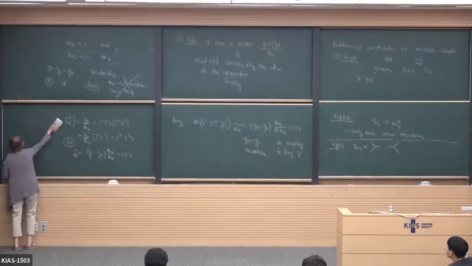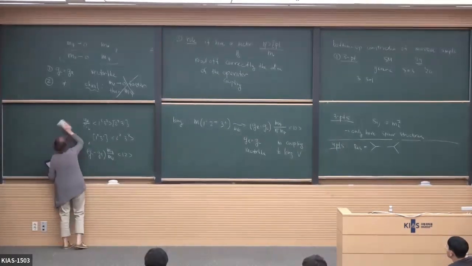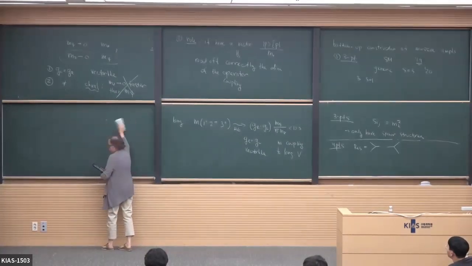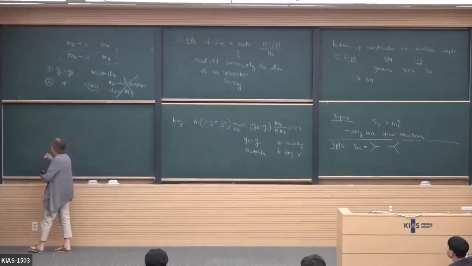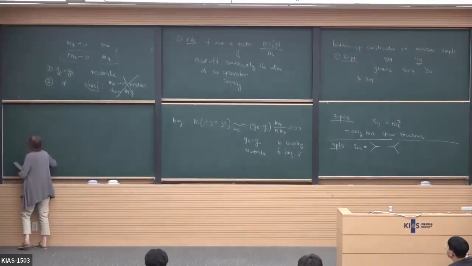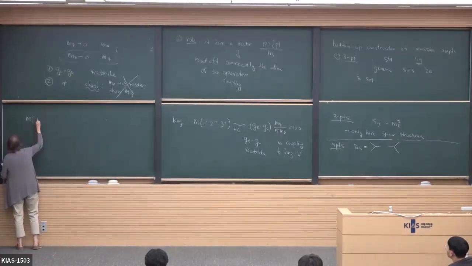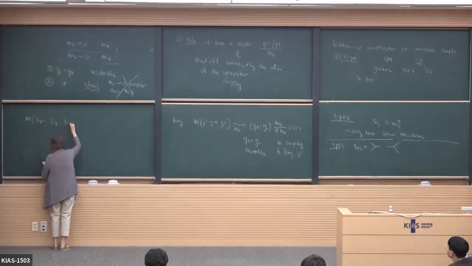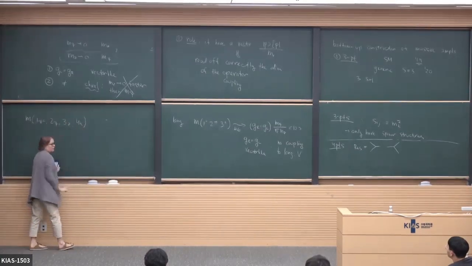I want to do just one example in order to demonstrate the Higgs mechanism. Let me now look at a very similar amplitude, one with, again, 1 a fermion, 2 a fermion, 3 a Z, and 4 the Higgs.